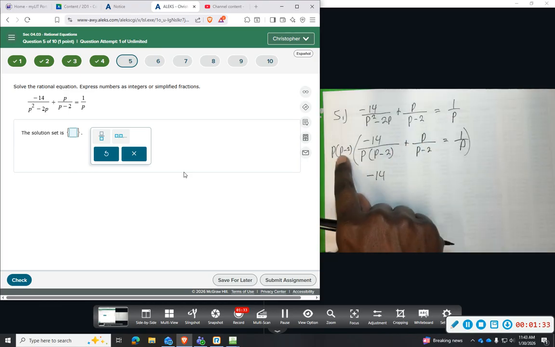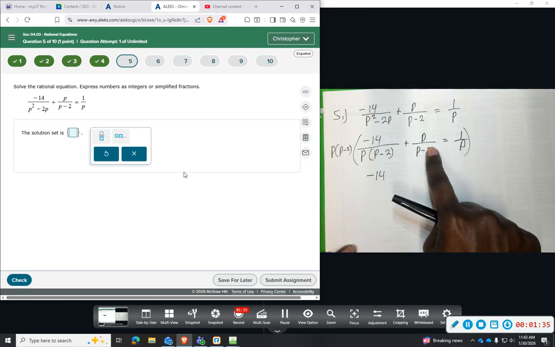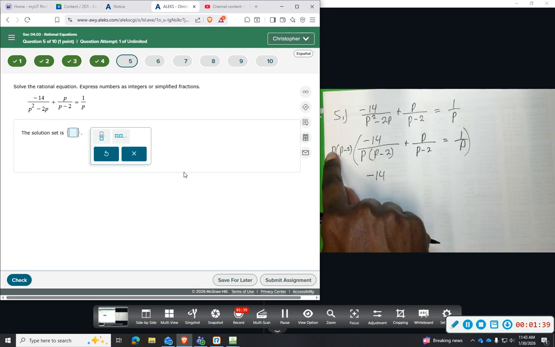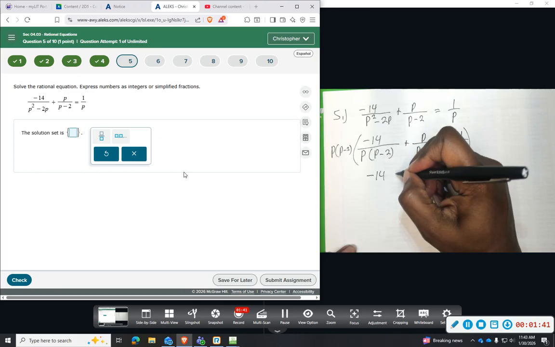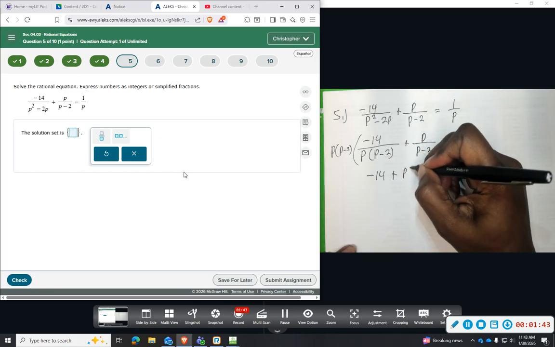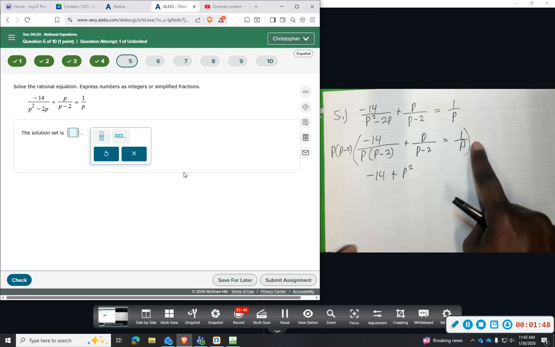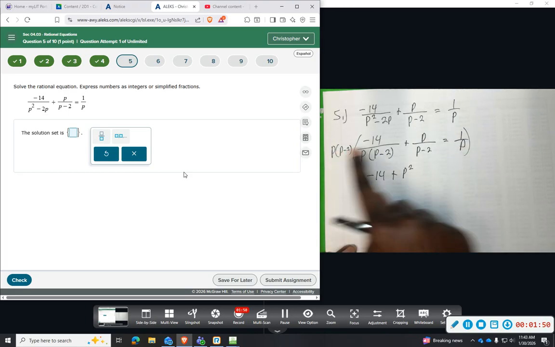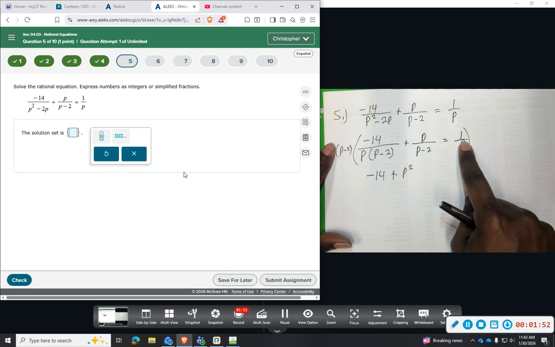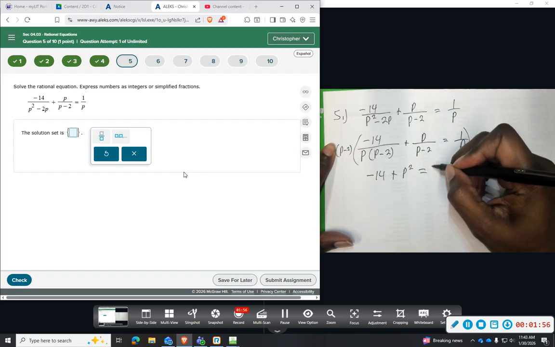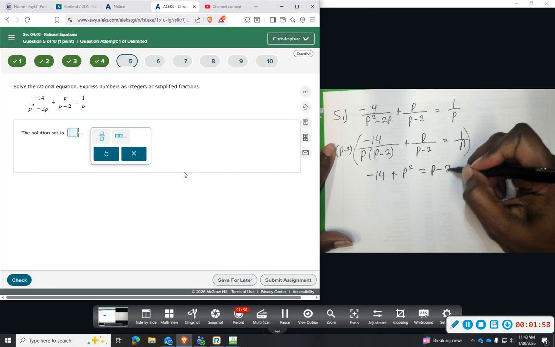When we multiply p minus 2 times this expression, it cancels out the p minus 2, and then the p multiplies times p and gives us p squared. And then when we multiply this expression times 1 over p, the p will cancel this time, and then we would do 1 times p minus 2, which will give us a p minus 2.